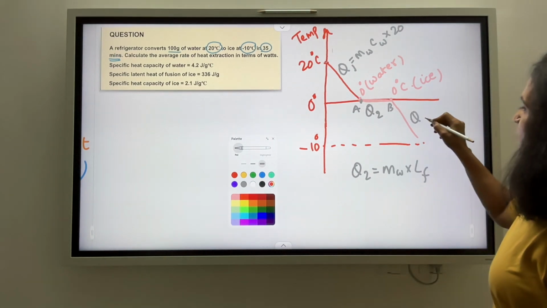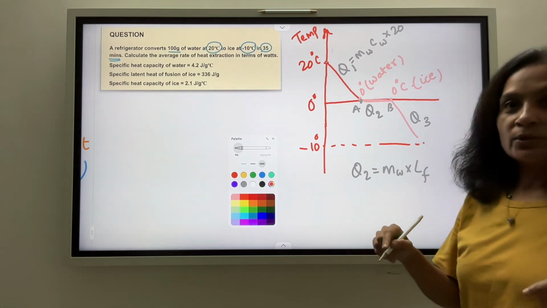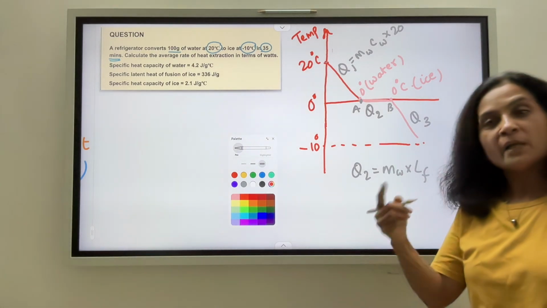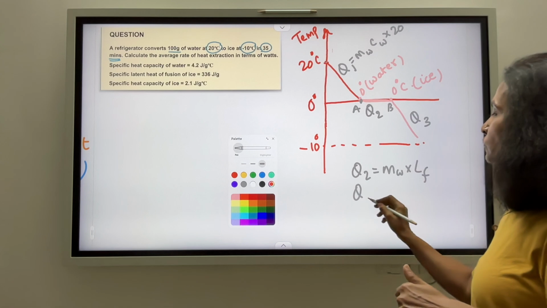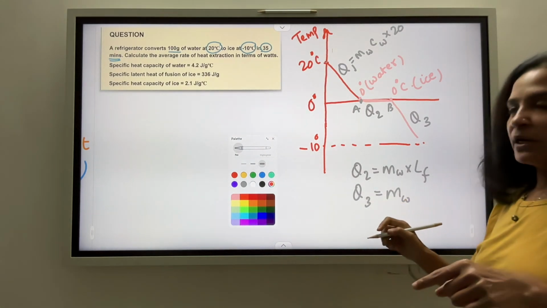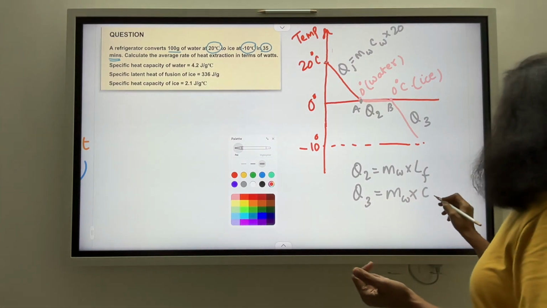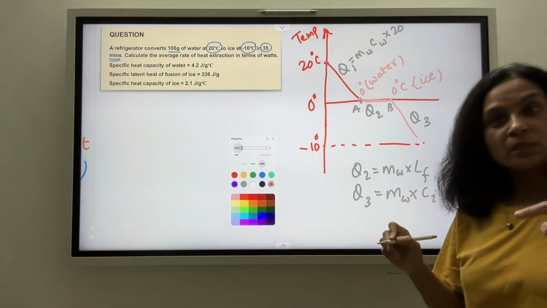And Q3 is that amount of energy liberated by this water at 0 degree to convert into ice at minus 10. So Q3 की value कितनी आएगी? The same water converting into ice. So mass of water is the same as mass of ice into specific heat capacity of ice, because now that water is ice.